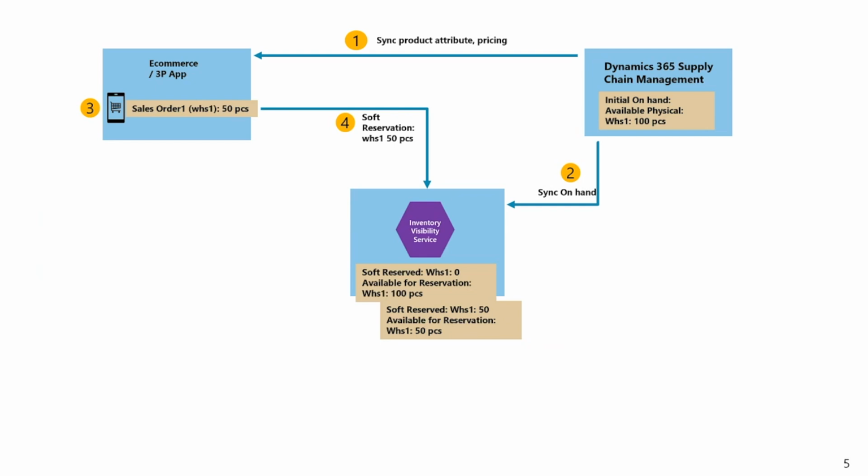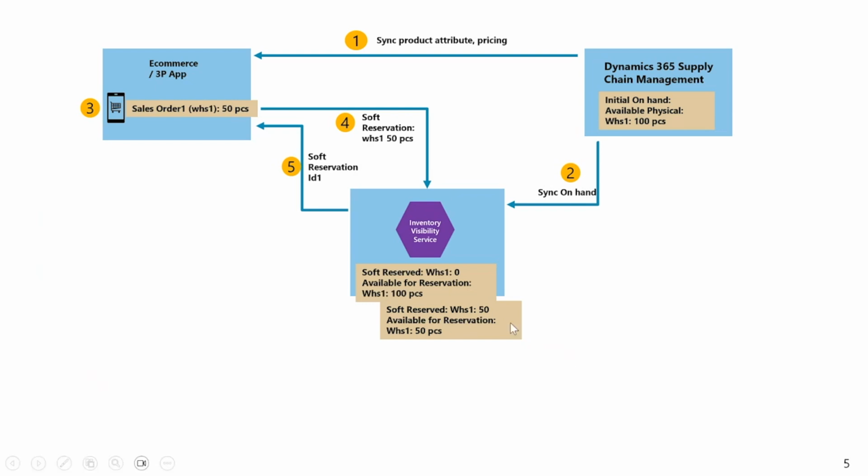At this time, available for reservation quantity is 100 pieces in Warehouse 1. So e-com site can instantly soft reserve the order quantity of 50 for that product in that Warehouse 1. As you can see, the soft reserve measure has now changed to 50 quantity, and now available for reservation has reduced to 50 quantity in Warehouse 1. As the order quantity is soft reserved, the reservation ID is sent back to e-com website.